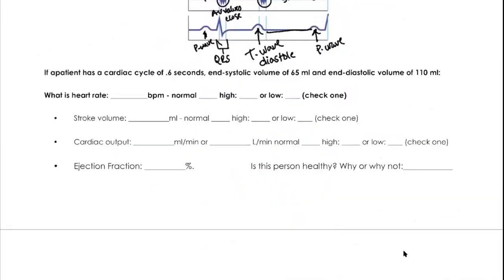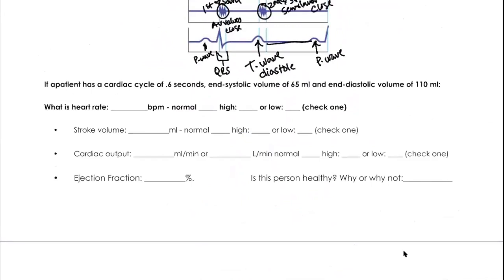Now, in a more meaningful way is talking about when you're dealing with someone and you want to know if they're in heart failure. What we generally look at is their heart rate, stroke volume, and what that is to their cardiac output and what it is to their ejection fraction.